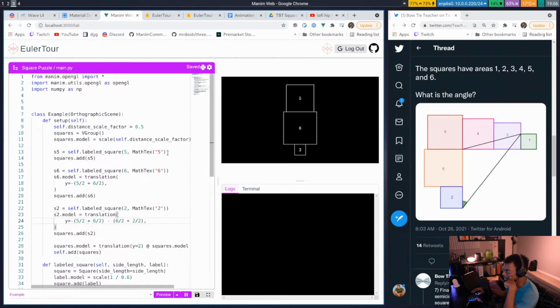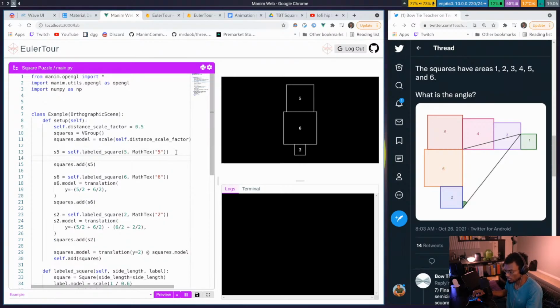So what's the X translation that I need for the 5 is the first thing to ask. So I'll just put 0 for now. So you need the difference between 5 over 2 and 6 over 2, right? So it should just be 6 over 2 minus 5 over 2.